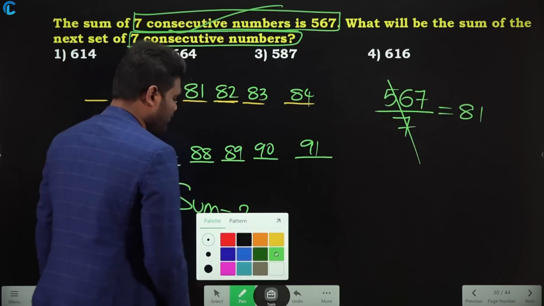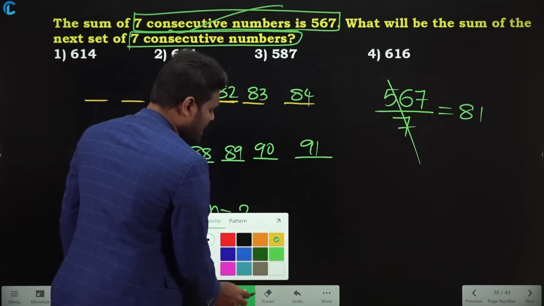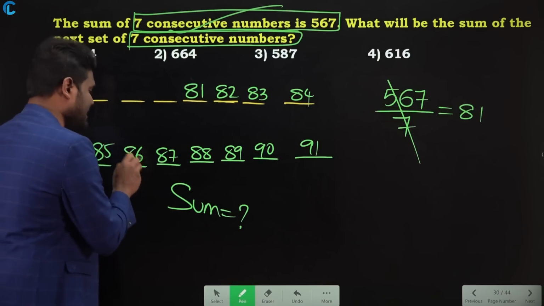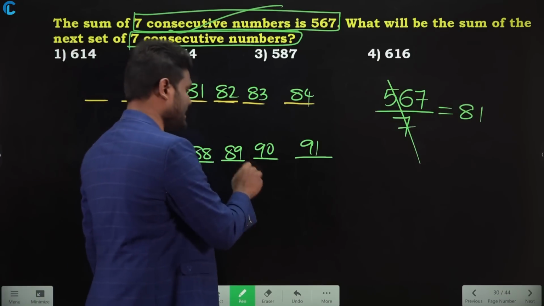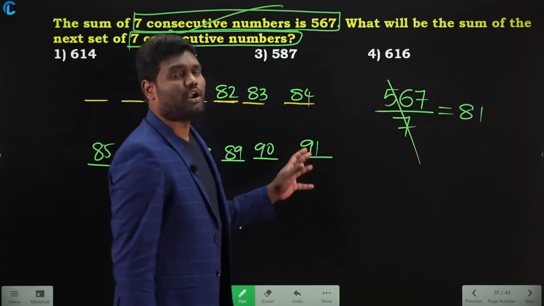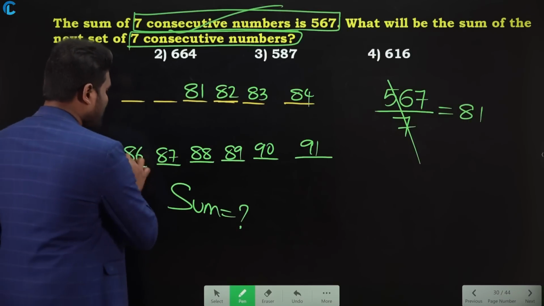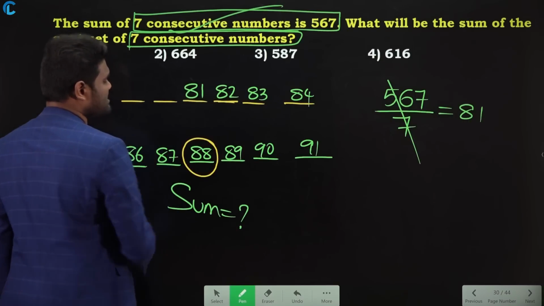As they are asking you to find the sum, you can add all these numbers: 85 plus 86 plus 87 plus 88 plus 89 plus 90 plus 91. If you add all these numbers, you will get the answer. Or else you can calculate in this way also. For all these numbers, the average is 88.